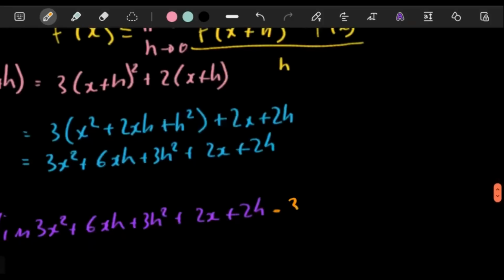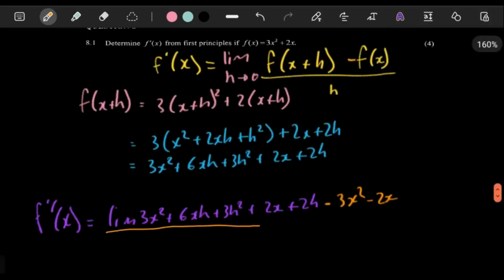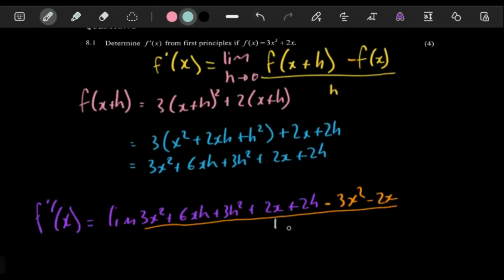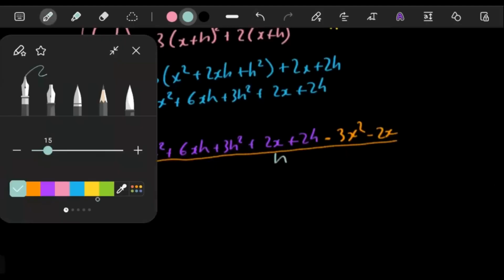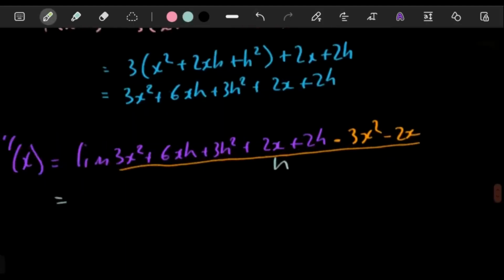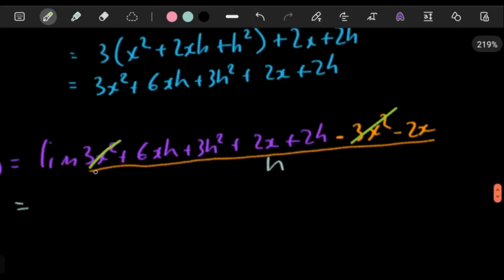So you're going to have negative 3x squared, negative 2x, and the whole thing is over h, with the limit in front. So what now? This cancels this, and this cancels this.